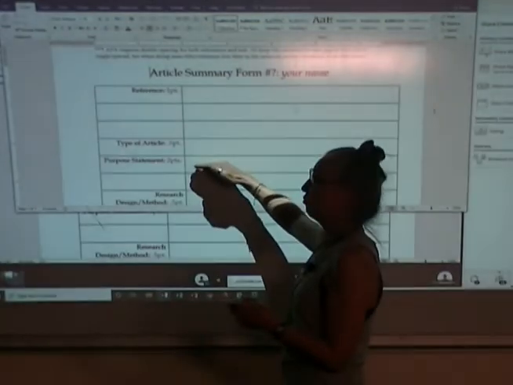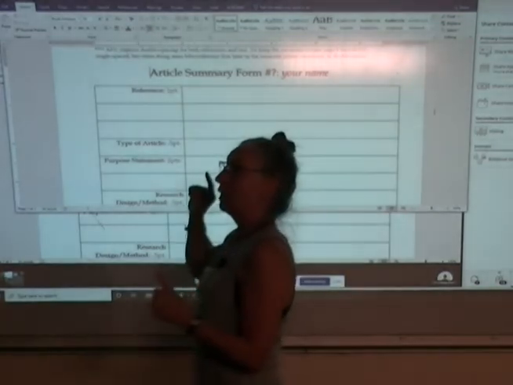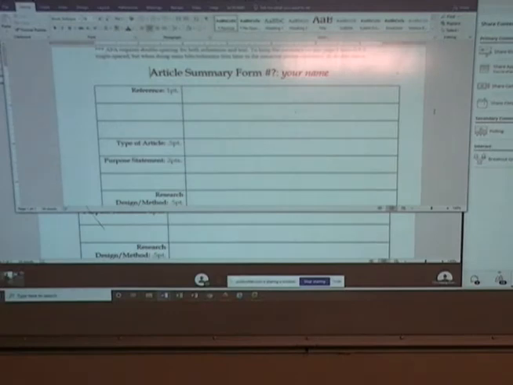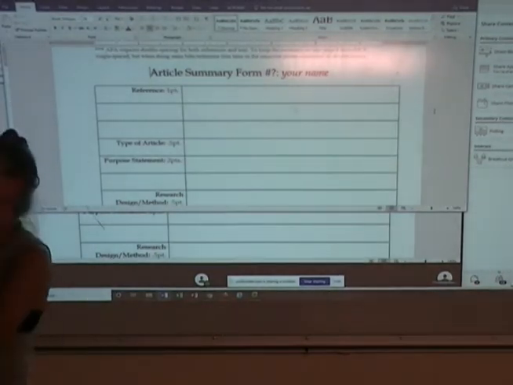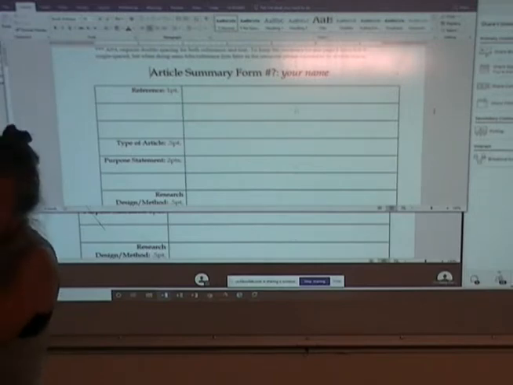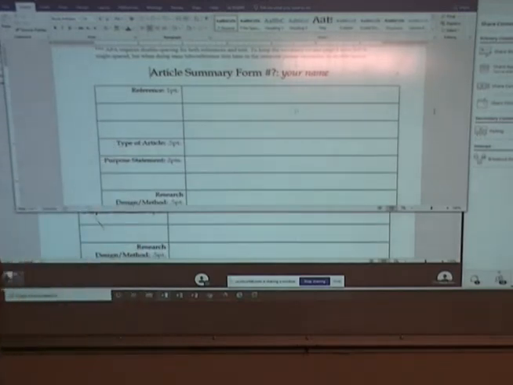Next step is to find the purpose statement. Now, most articles have an abstract at the beginning, and the abstract will give you a purpose statement. But I don't want you to use that one, because the abstract is already an article summary. I want you to ignore the abstract and go into the article and find the original purpose statement the authors put in the article.